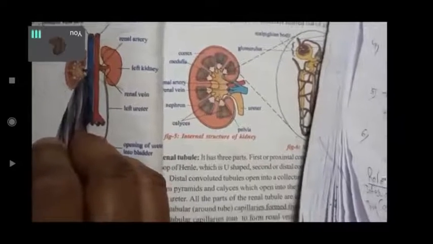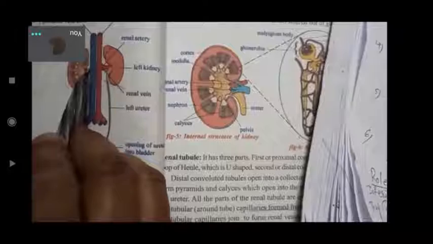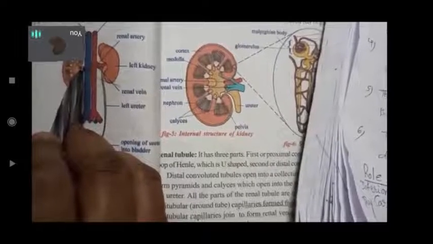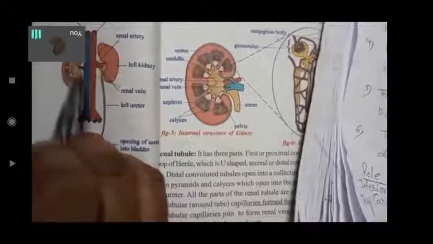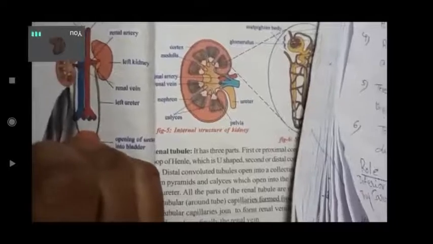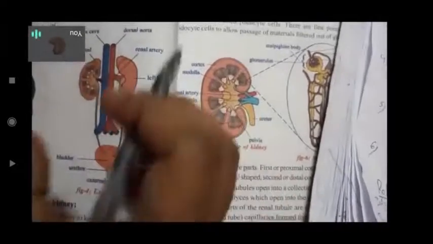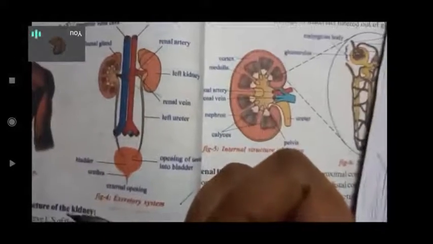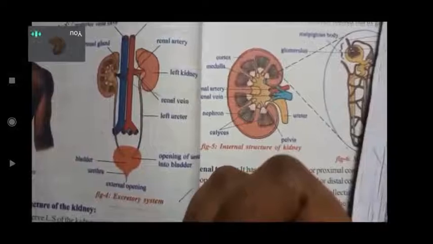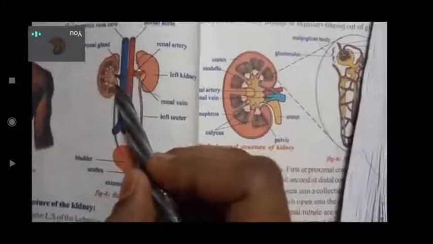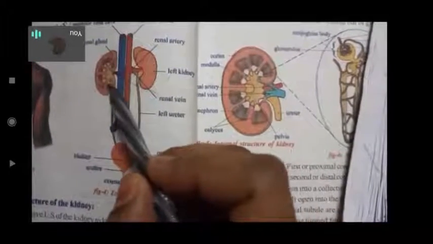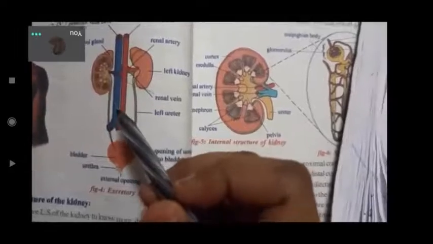The head of the pancreas is also here, and the descending part of the duodenum. Descending means up to down. At that place, the right renal artery exists.